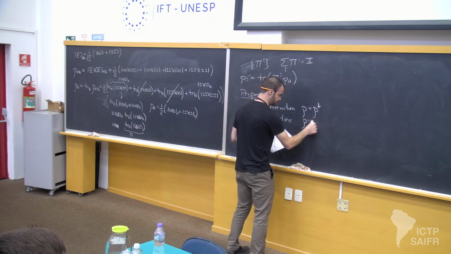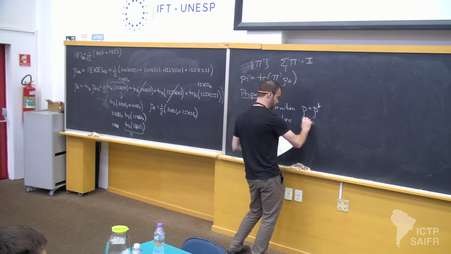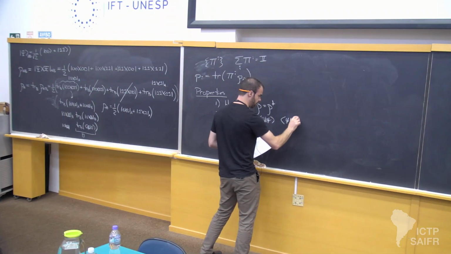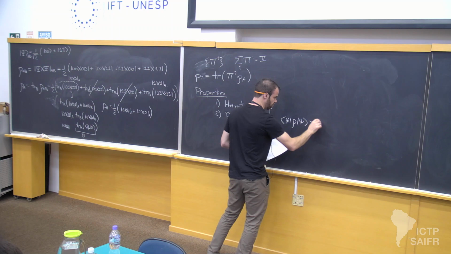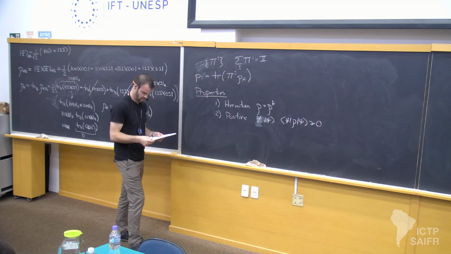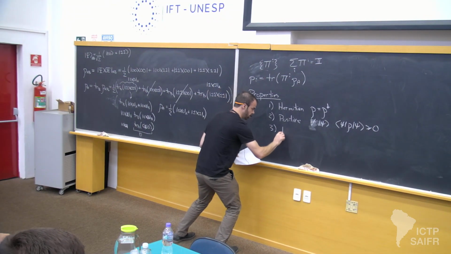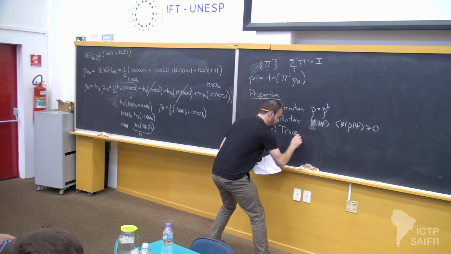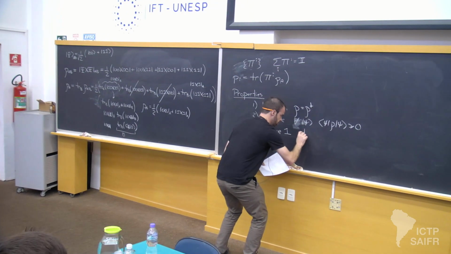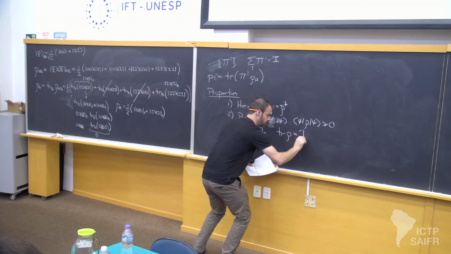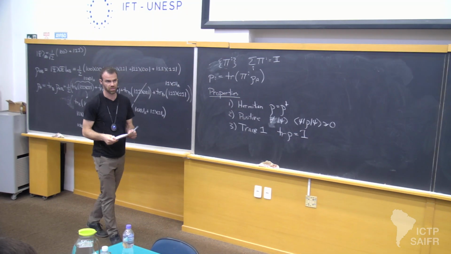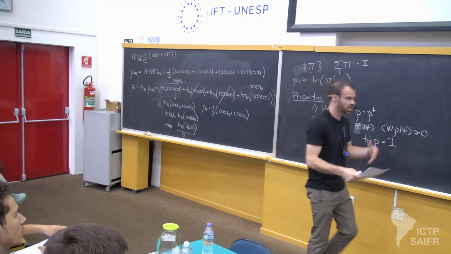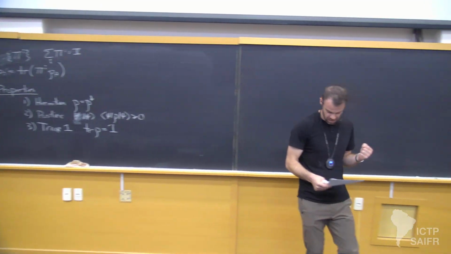One way of saying that is that for all vectors psi, <psi|rho|psi> is a positive number. And they also have unit trace, so the trace of rho is equal to 1.